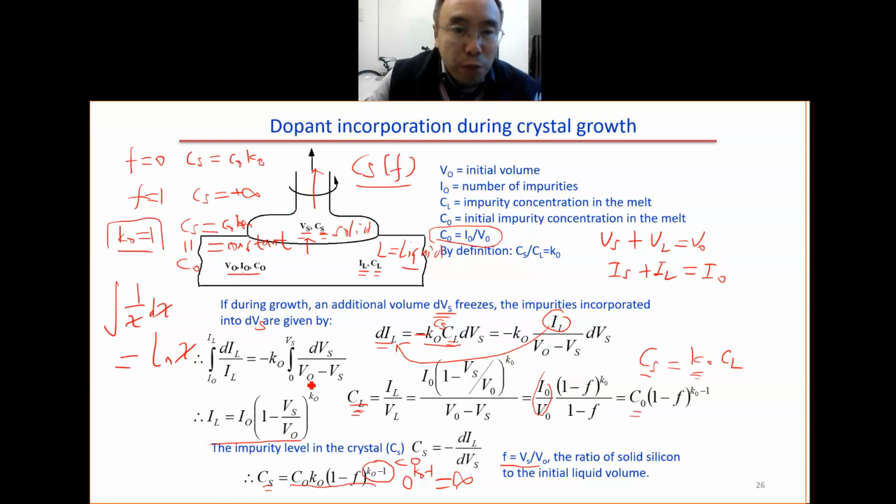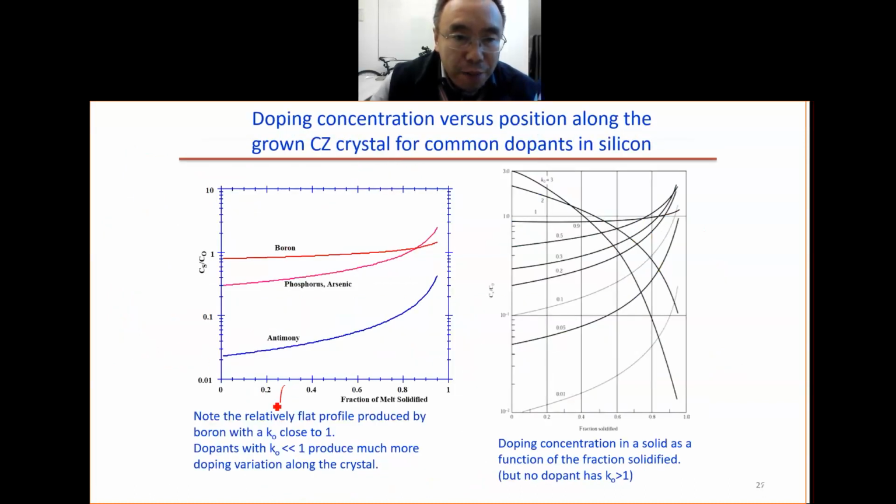So we can draw this formula here, as you see. This is the F value.